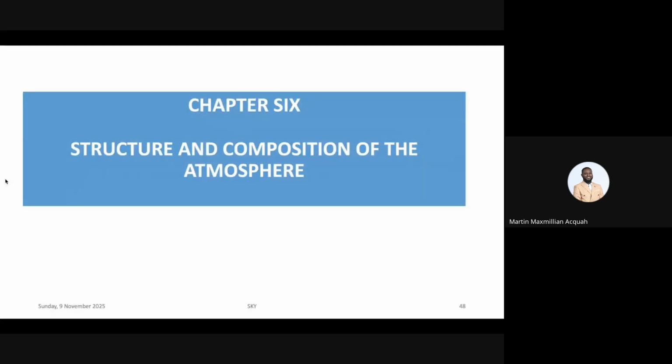That is one. Two, maybe what are aerosols and their importance? Then the last thing they can ask under that chapter is the importance of the atmosphere.